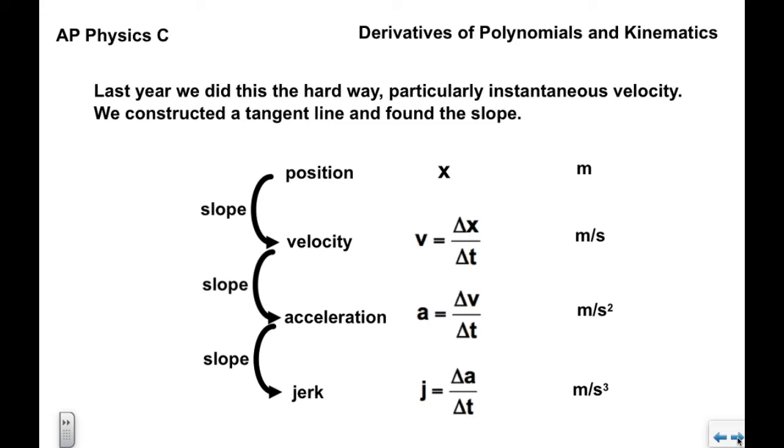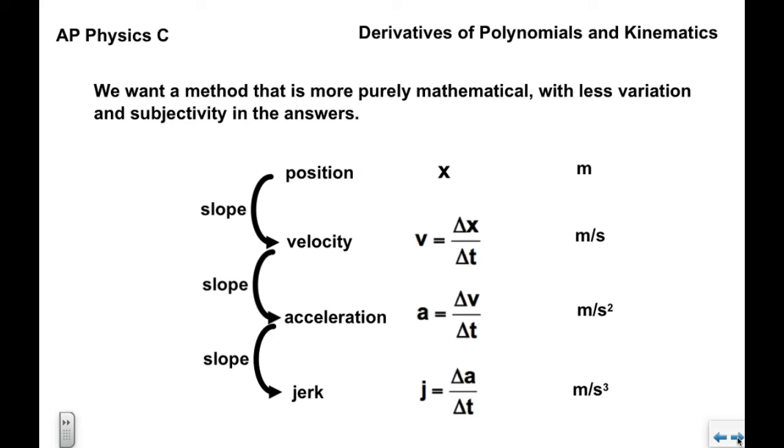Now, last year, graphically, we kind of did this the hard way, particularly finding the instantaneous velocity at a specific time. We constructed a tangent line, picked 2 points on the line, and found the slope.